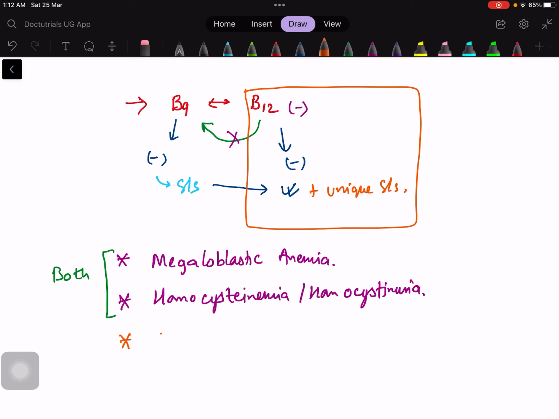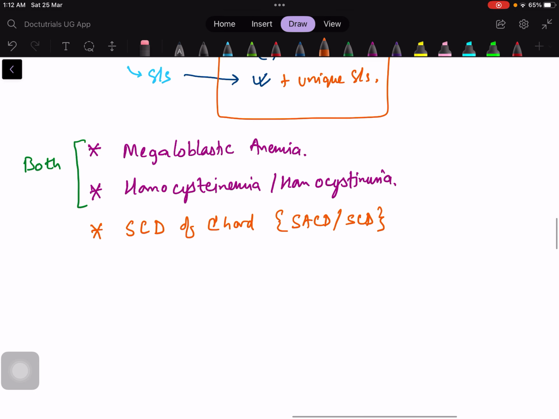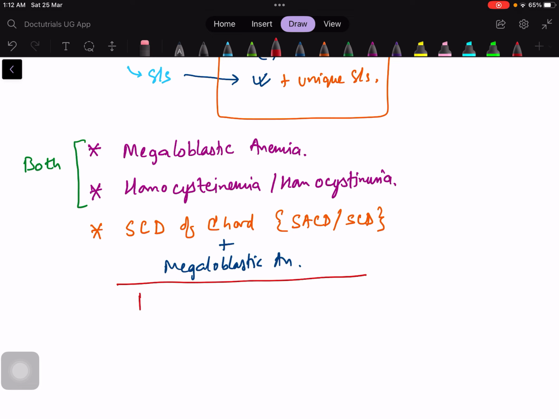You will have subacute combined degeneration of the spinal cord, commonly written as SACD or SCD. In the question, this will be there, SACD or SCD. Please keep in mind that SCD plus megaloblastic anemia will be known as what? Anyone? This will be known as pernicious anemia.